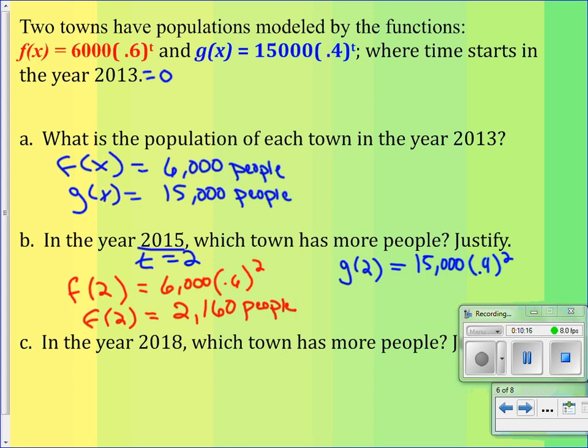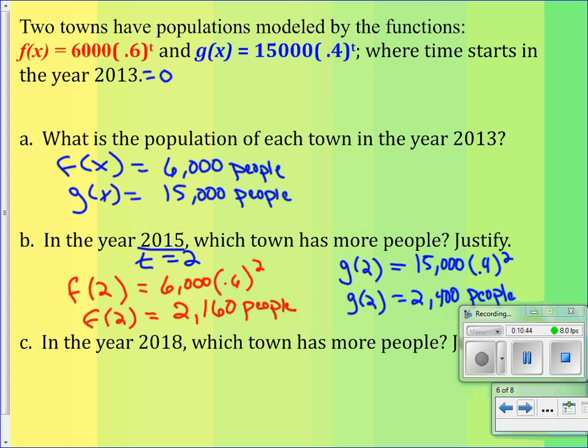15,000 parentheses 0.4 raised to the second power. So g of 2 is 2,400 people. Both of them are decays because the rates 0.6 and 0.4 are both less than 1.